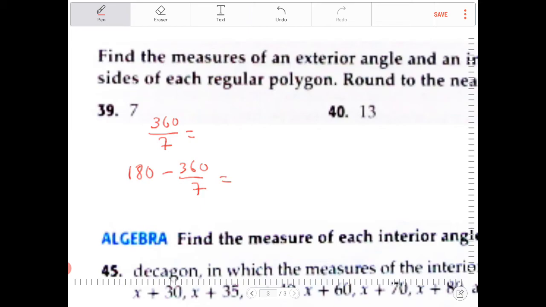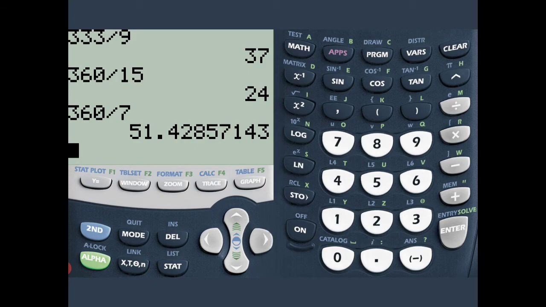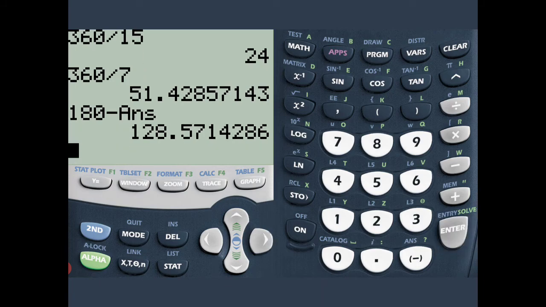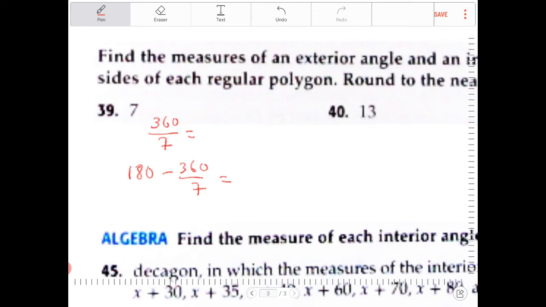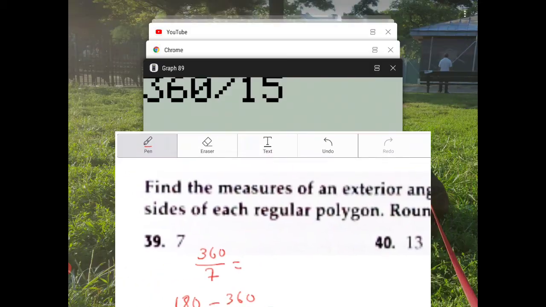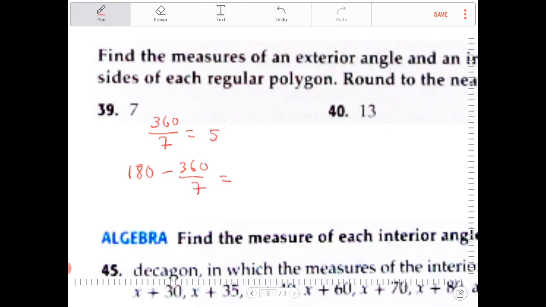So 360 divided by 7, 51.4. 51.4 and 128.6.